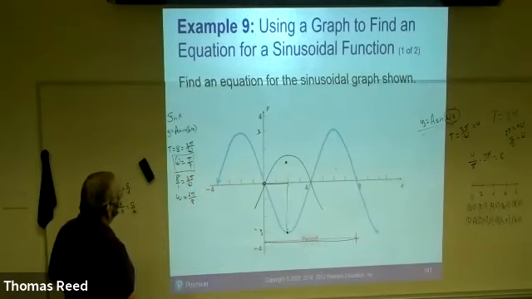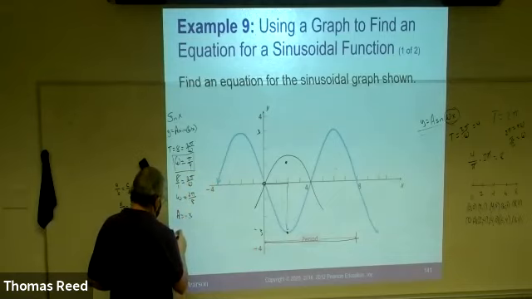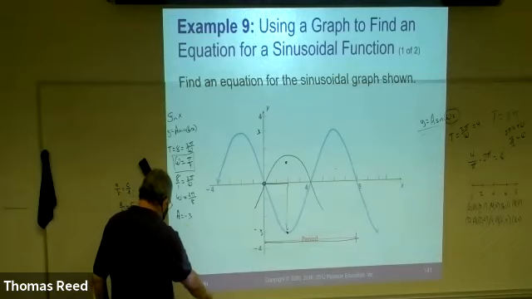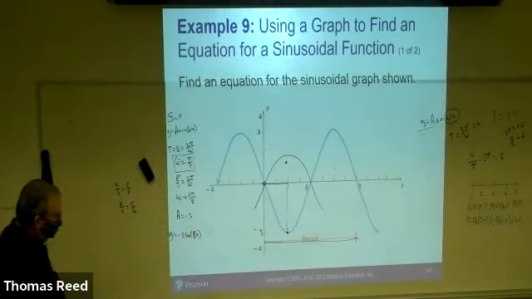So that means we have the function y equals -3 sine of pi x over 4.